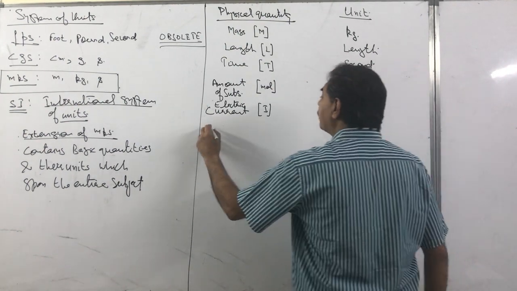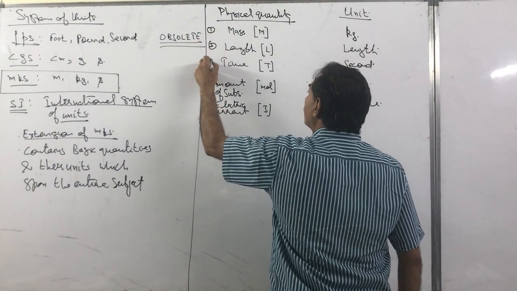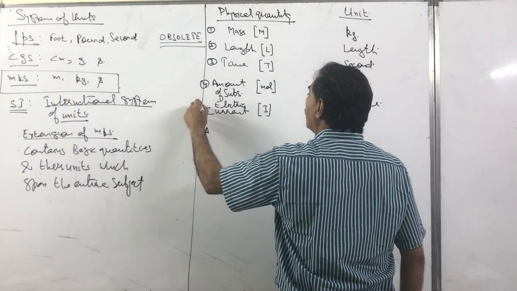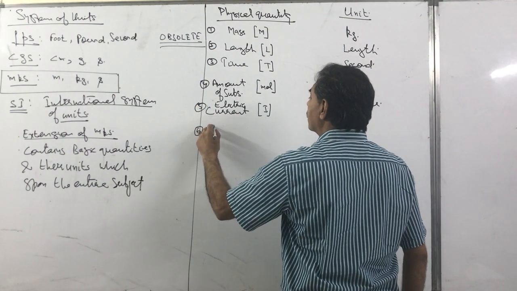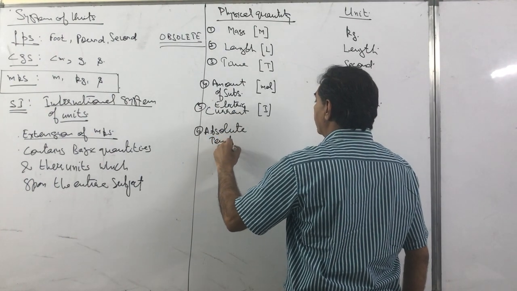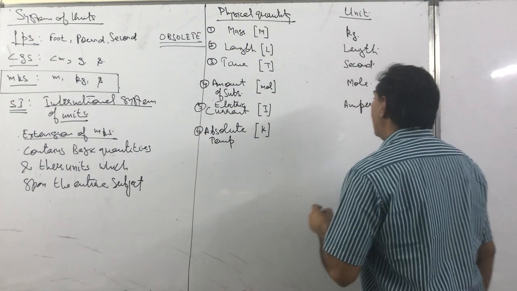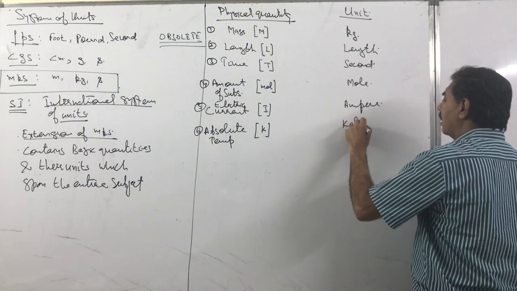What else? Absolute temperature. This is the 5th, 6th. Absolute temperature, square bracket K, and the unit is Kelvin.